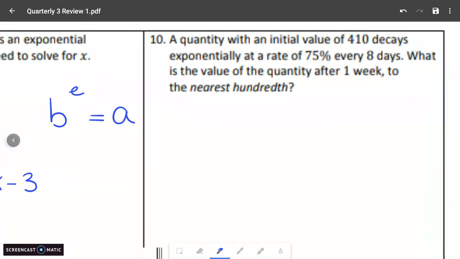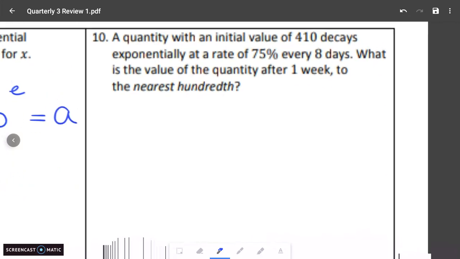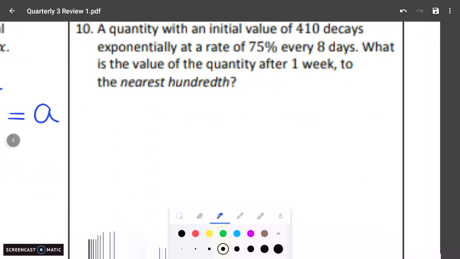Okay. For 10, a quantity with an initial value of 410 decays exponentially at a rate of 75% every 8 days. What is the value of the quantity after 1 week to the nearest hundredth? So there's a couple of things we have to read carefully in there.